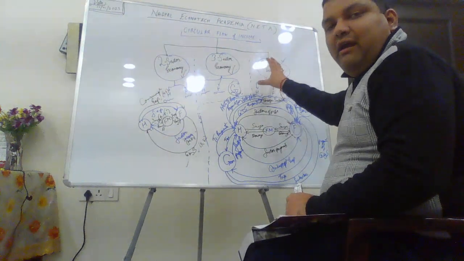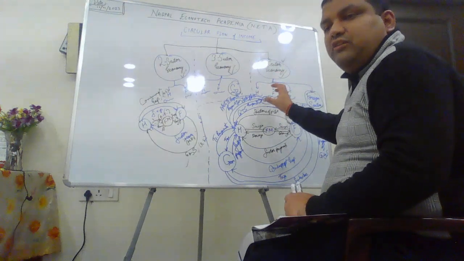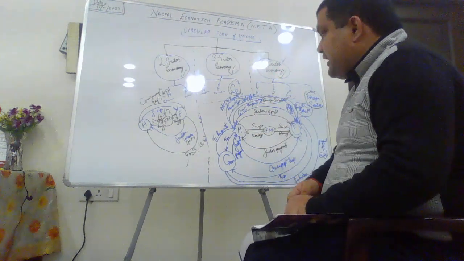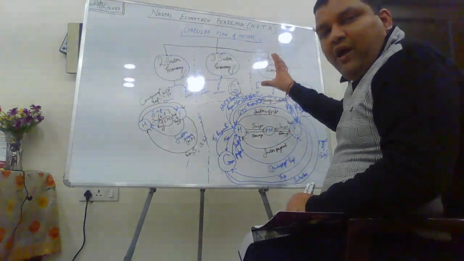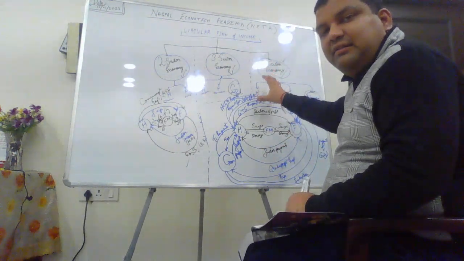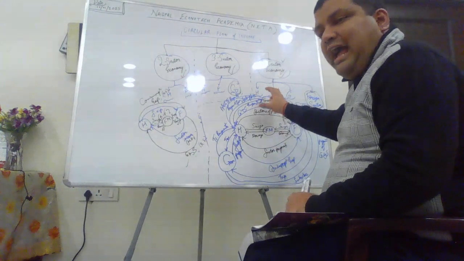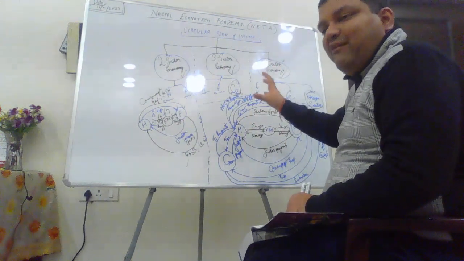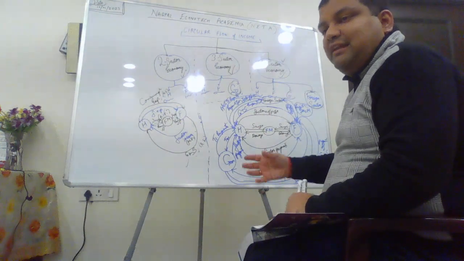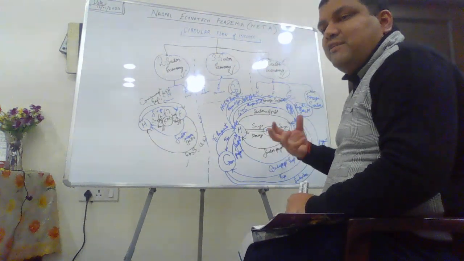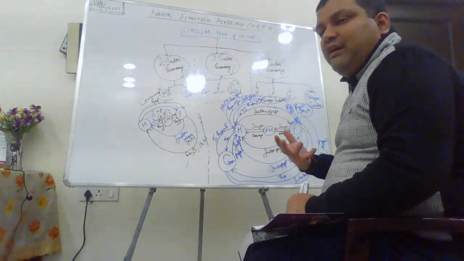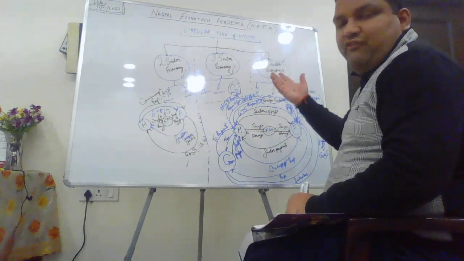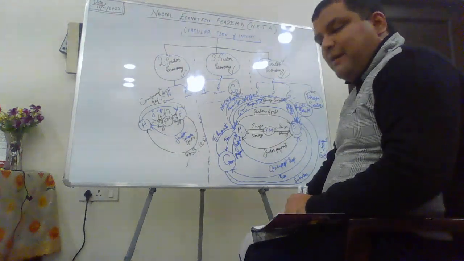Now, we are going to redraw the diagram of the four-sector economy, which is the actual scenario. We are going to rub this entire thing from this board, and then draw the diagram so that the entire thing is visible to you, and you will have a clearer picture of the circular flow of income in a four-sector model economy.